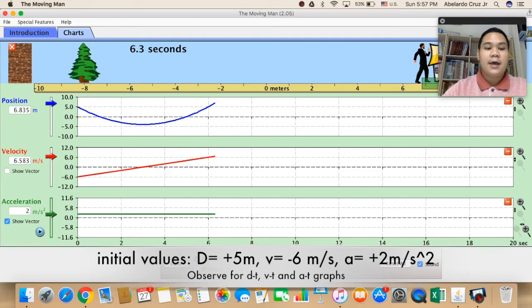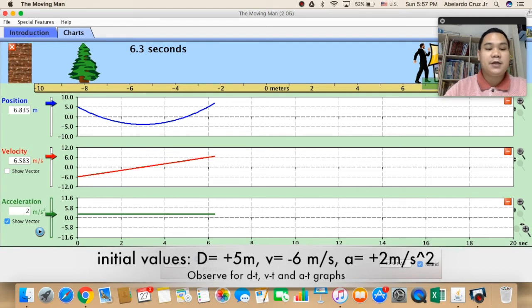Okay? And in a velocity time graph, take note that it is a straight positive line. Okay? And the acceleration here is 2 meters per second squared.